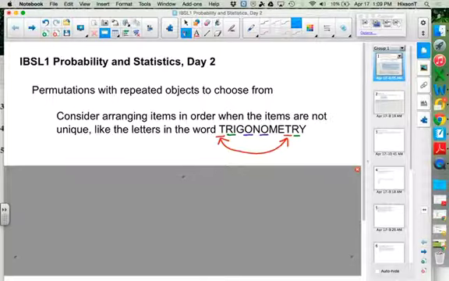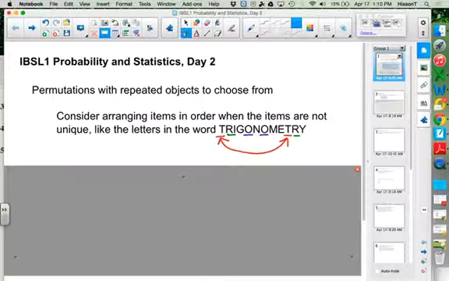In our example later on, we'll see when you have categories and you don't care which one out of that category goes in that spot, you just want something from that category in the spot, you have to deal with it the way we're going to see here.